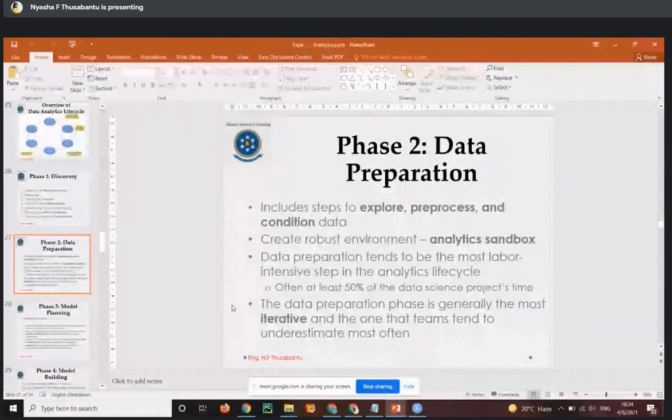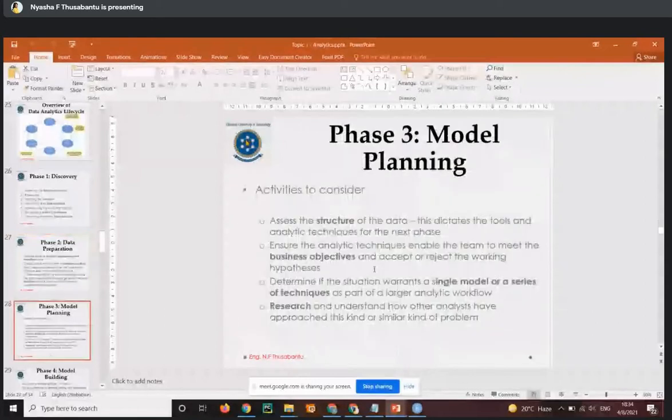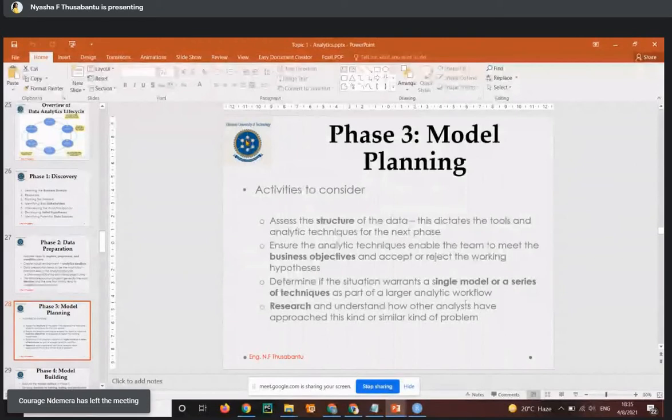You want to make sure that your data is as clean as possible. And then model building, you are now aligning the business objectives to the output. You're trying to achieve your hypothesis. Say, okay, for my hypothesis to come true, it's either you want it to come true or you want it to come false, depending on the type of analytics you want to do. Then model building.